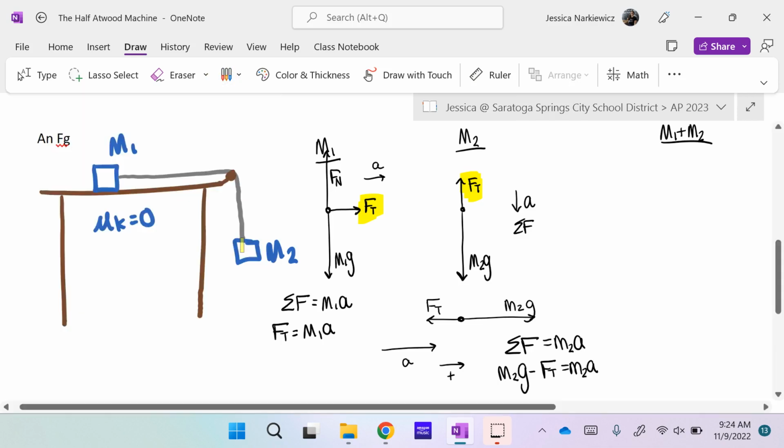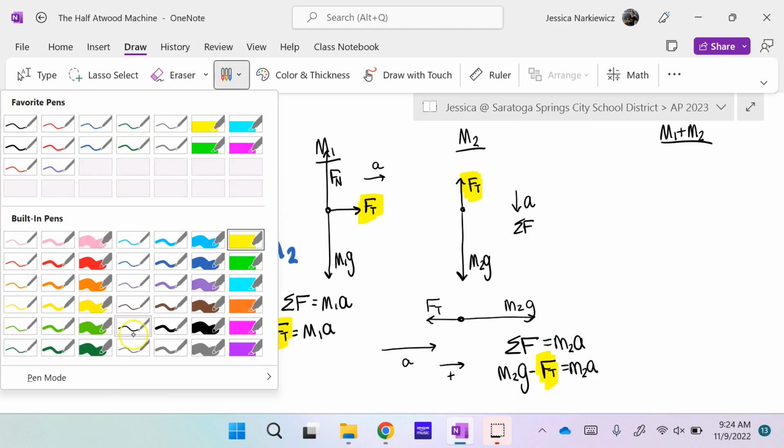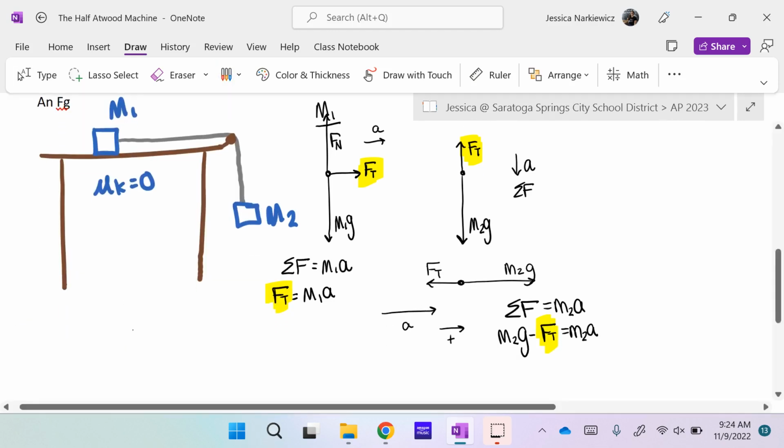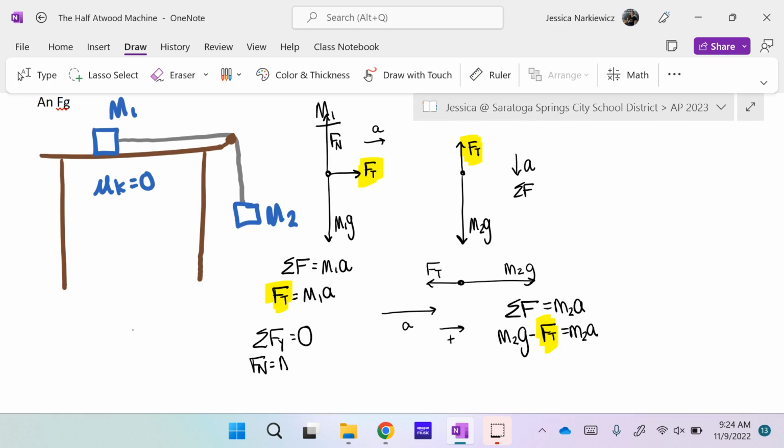Again, this force and this force are the same. Now there's still a net force in the y direction for the first mass, which shows us that the normal force equals M1g. That one hasn't changed at all. So with this rotating of the free body diagram, we're always going to have tensions pointing towards each other.